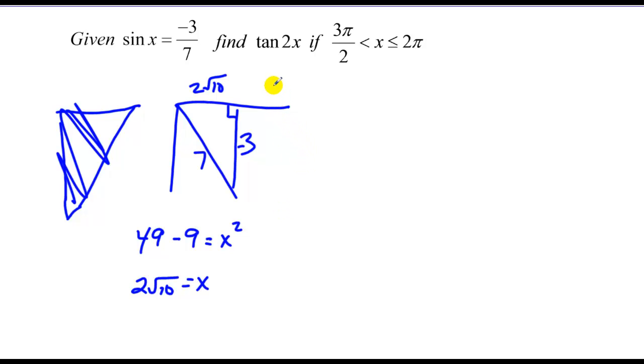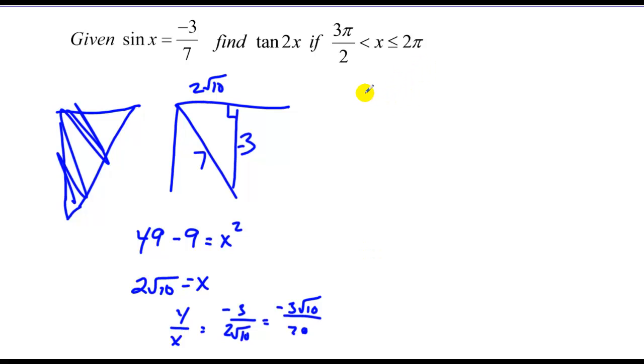I have a tangent formula that I have to deal with. So tangent is equal to y over x, which in this case is -3 over 2 root 10, or -3 root 10 over 20 after I rationalize.